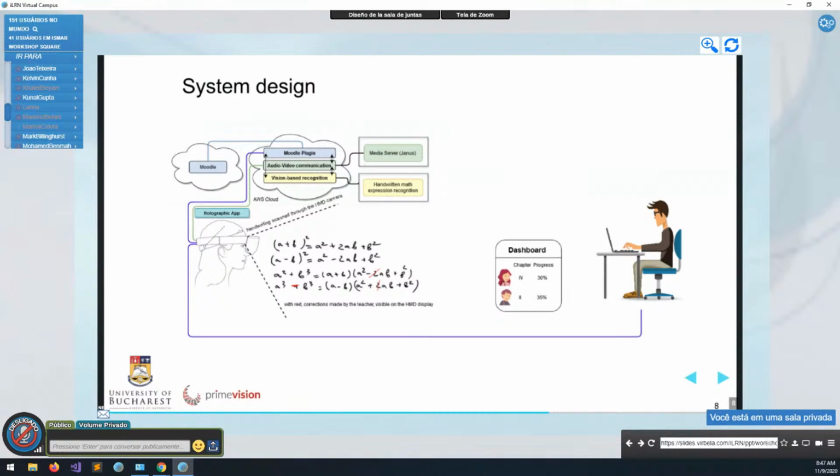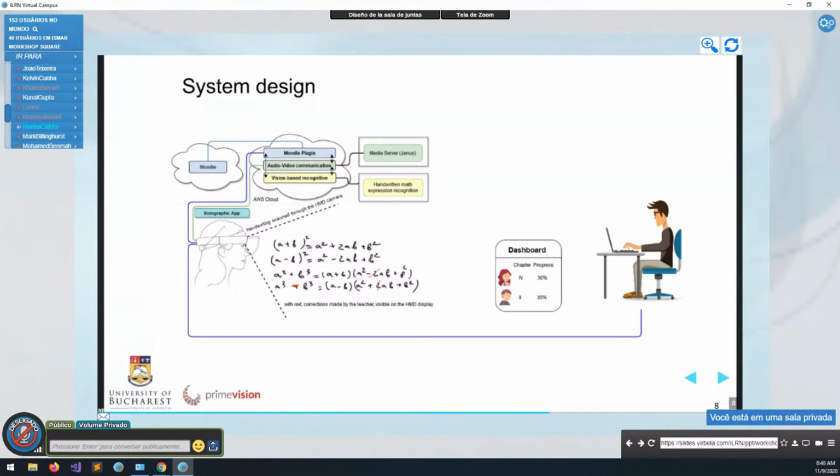You can imagine that the child is writing some math formulas as in this picture, and via the webcam that is attached on the HMD, the teacher can see in real time what the pupil is writing, and he can correct it using his keyboard and mouse, and provide corrections and further explanations if they are required.